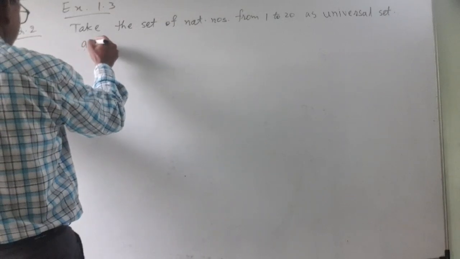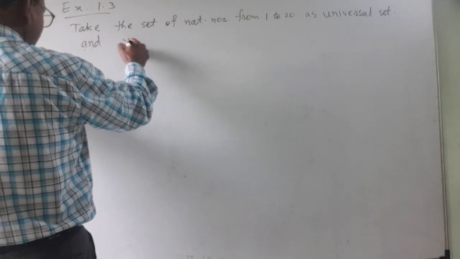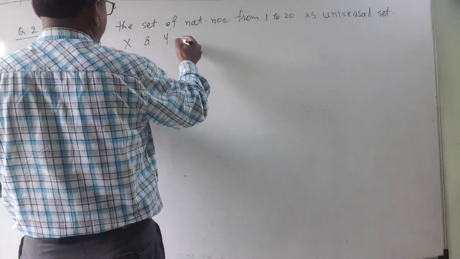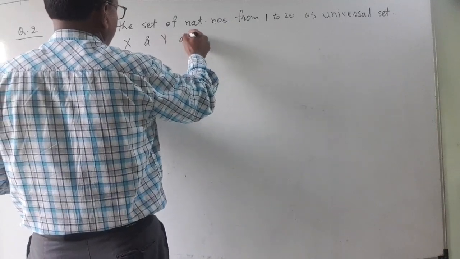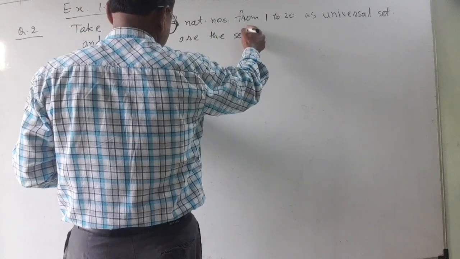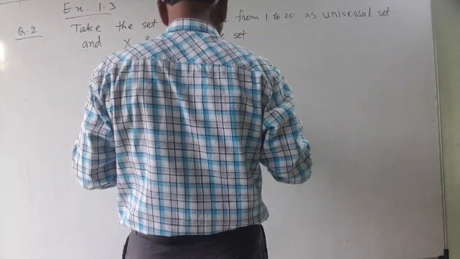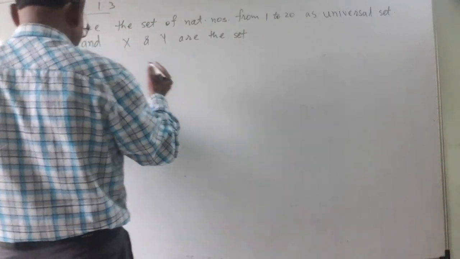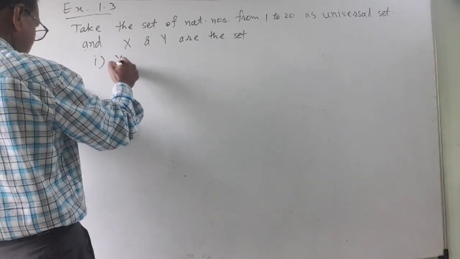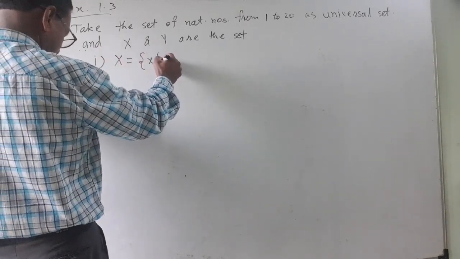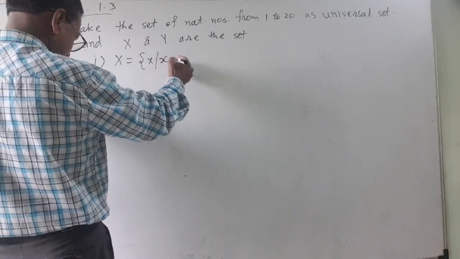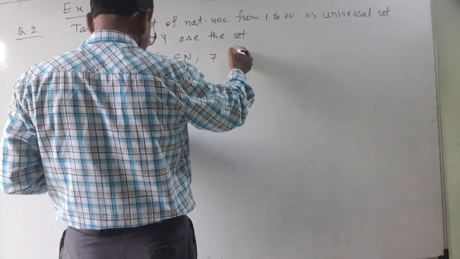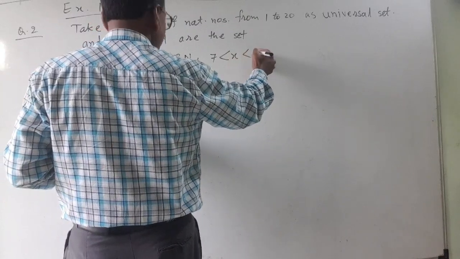X and Y are the sets. Using the universal set, show the sets X and Y. First, X is equal to the set of all x such that x belongs to natural numbers, and 7 < x < 15.